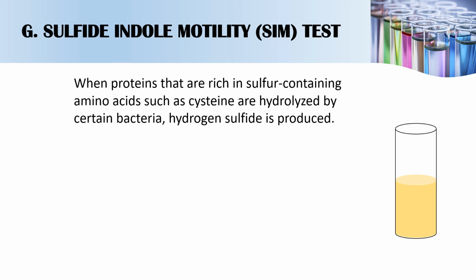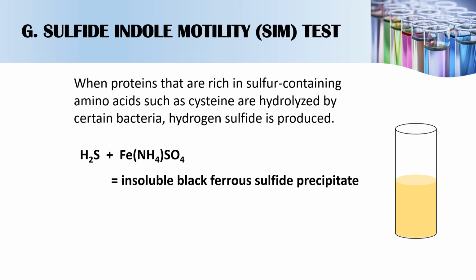The SIM medium contains peptones and sodium thiosulfate as substrates and ferrous ammonium sulfate as the H2S indicator. Cysteine is a component of the peptones used in SIM. Once H2S is produced, it combines with ferrous ammonium sulfate, forming an insoluble black ferrous sulfide precipitate that can be seen along the line of the stab inoculation.